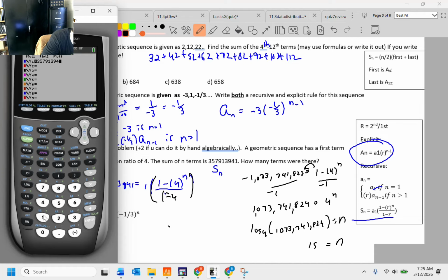I remember making this problem up, although it's not that hard. I think I got it typed in. Let's go to math, num, n over d.